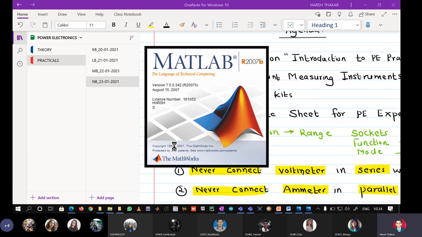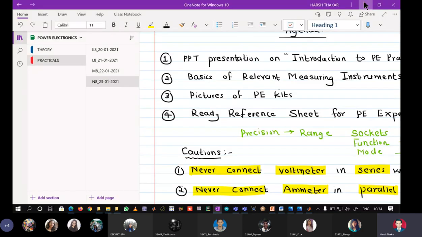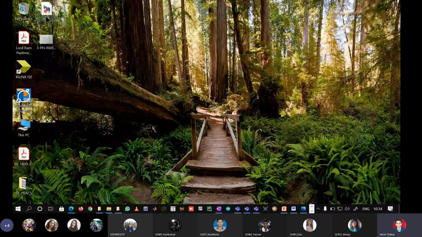So this is basically your last experiment, that is simulation. This is the basic MATLAB environment, and here I will open what is called a model file. You see on my desktop I have one file called HCR.